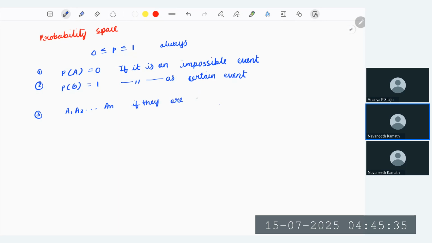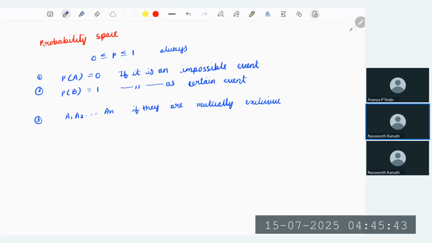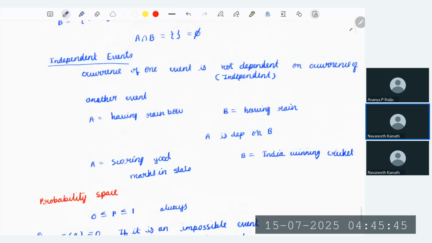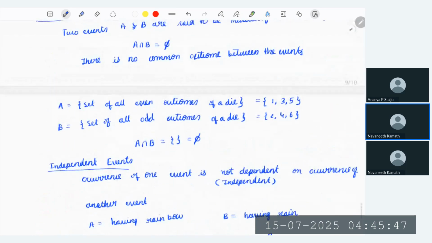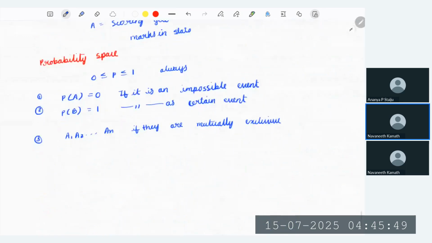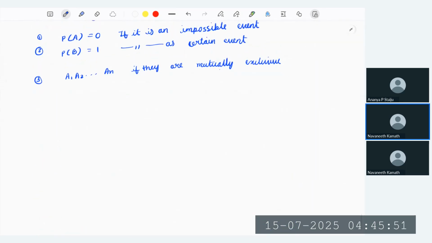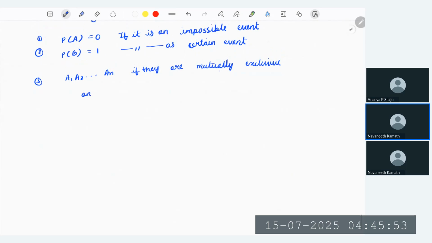mutually exclusive. What is the meaning of mutually exclusive? There is nothing common between them. Then for any pair AI and AJ, the intersection between them will also be a null set.